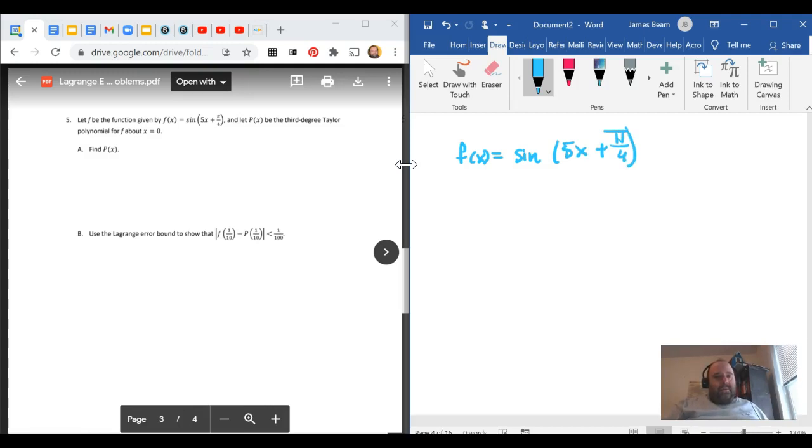So the third degree Taylor polynomial about x equals 0. So we know the sine polynomial, right? Sine of x is going to be odds. So it's x minus x cubed over 3 factorial. So that's nice.